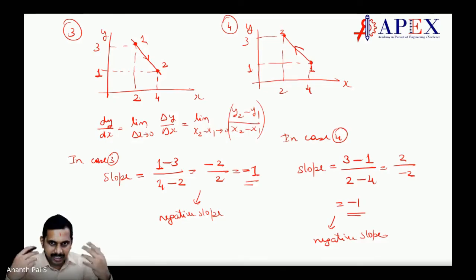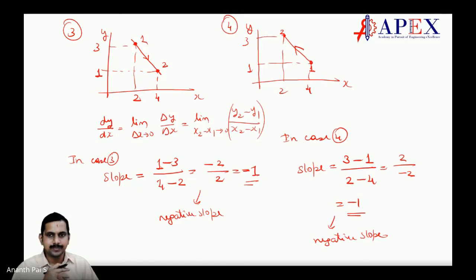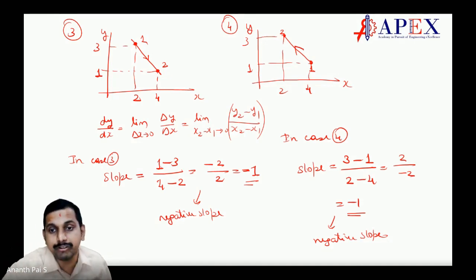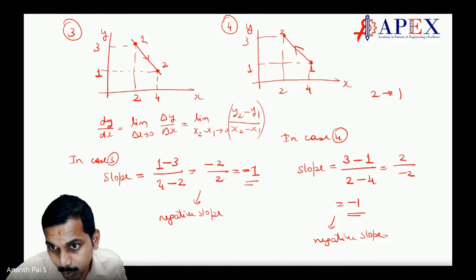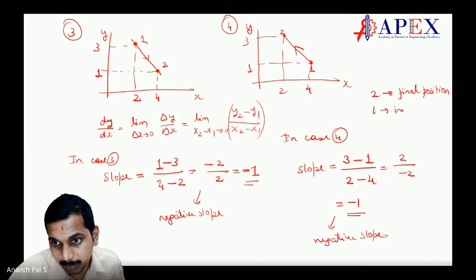Sir, what if the direction is reversed, 2 to 1? Yes, even if the direction is reversed, it is y1 minus y2 by x1 minus x2. When you say 2, you have to always keep in mind that 2 refers to the final position, and 1 refers to the initial position.